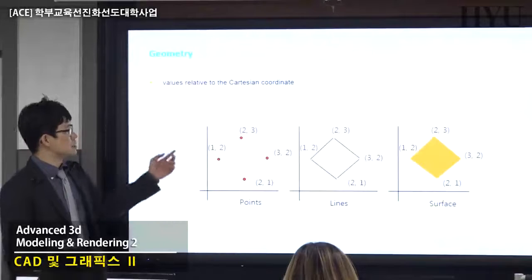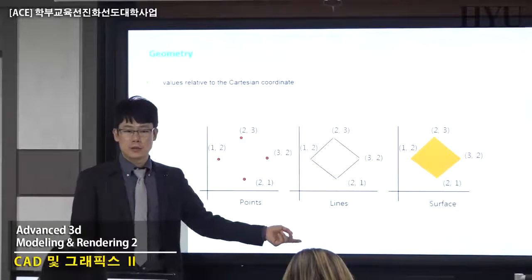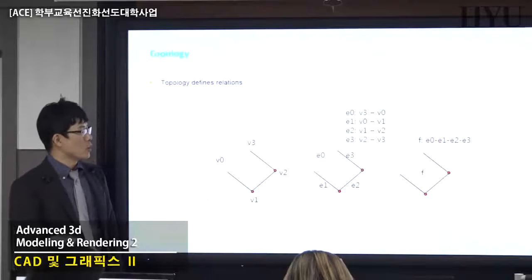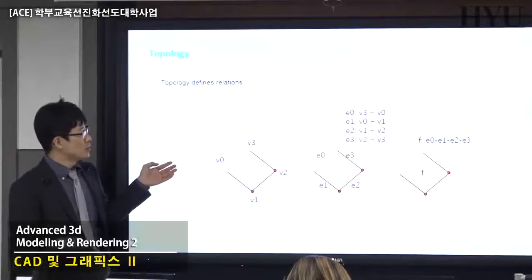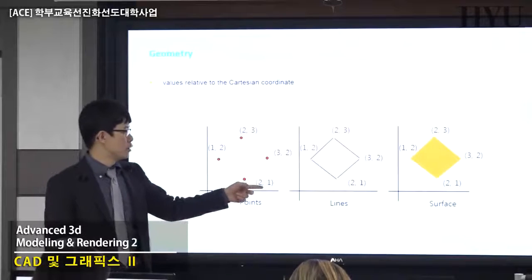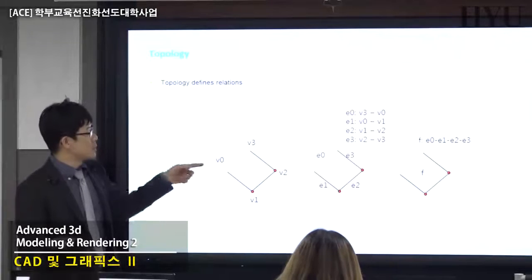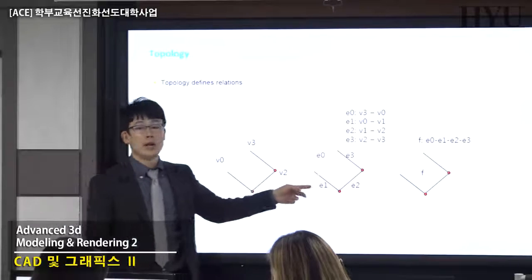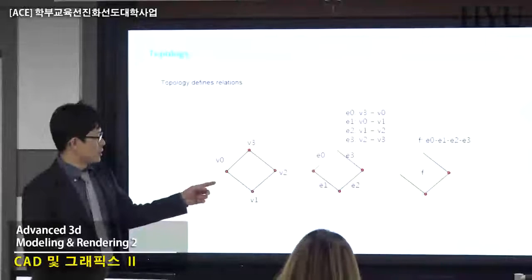Okay, this is geometry, which has x, y coordinate points. How about topology? What is topology? Geometry mostly deals with this kind of Cartesian coordinate points, location. Topology defines their relationship, okay? So take a look at this one.